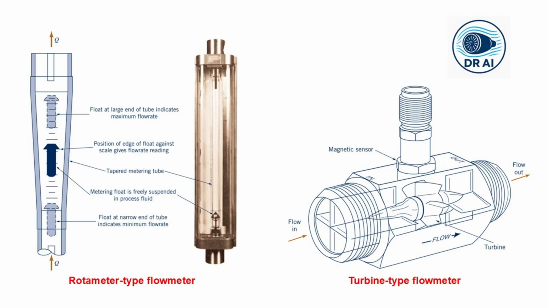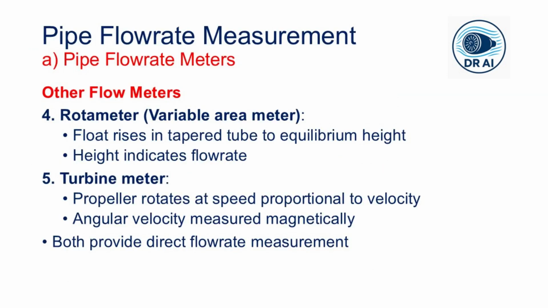The tube is calibrated with a scale, so you can read the flow rate directly by looking at where the float sits. The rotameter is simple, has no external power requirements, and gives a continuous reading. It's not as accurate as the precision Venturi, but has many applications. It's more than sufficient.